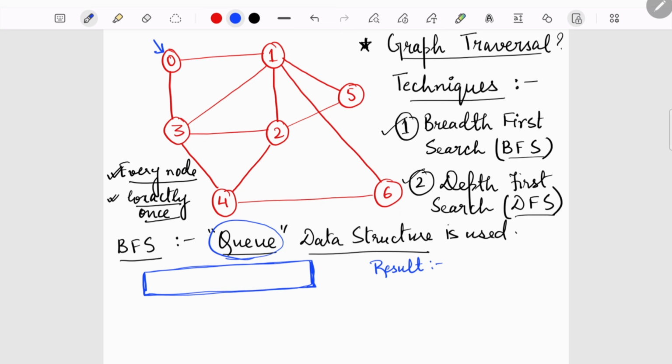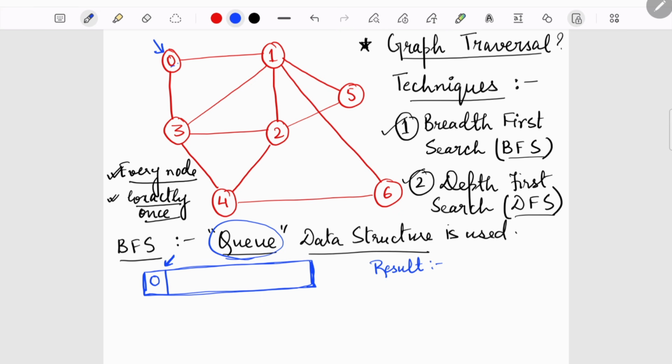In my example I am taking 0 as the starting node. Then first of all we insert the 0 node into the queue. You have inserted the node here as you have visited it.